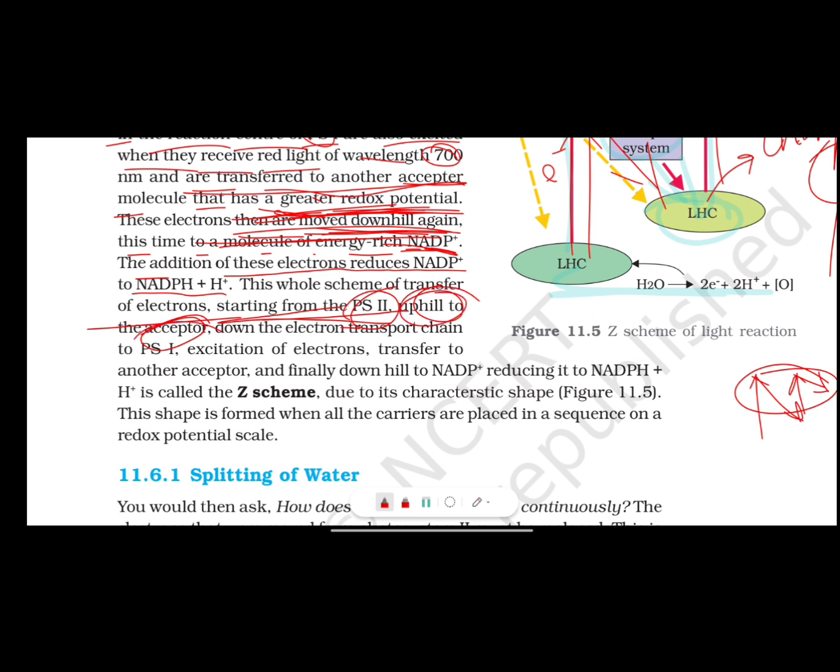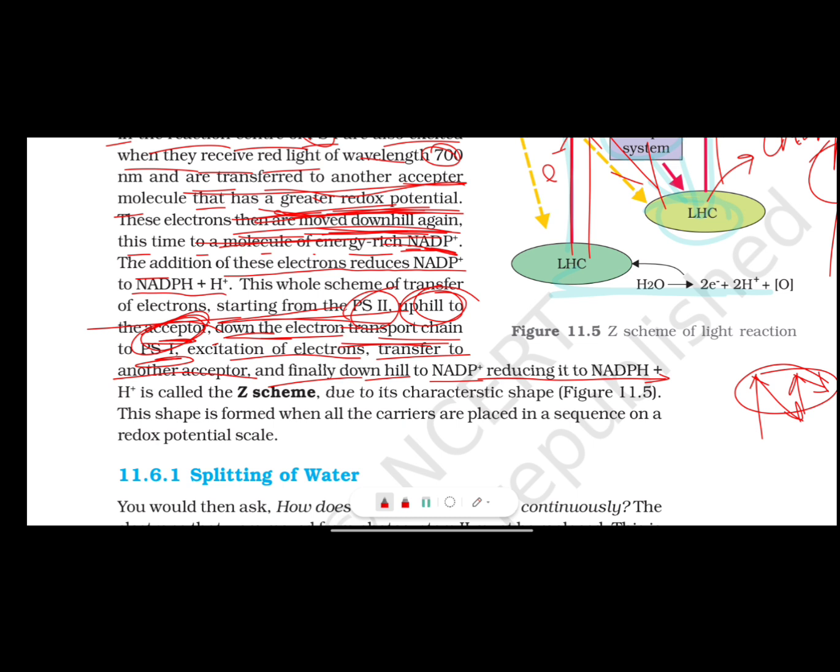Why uphill? Where is uphill? Where is downhill? And which is the acceptor of the electrons? Everything you have to study. Down the electron transport chain to PS1, excitation of the electrons, transfer to another acceptor, and finally downhill to NADP plus, reducing it to NADPH plus H plus.